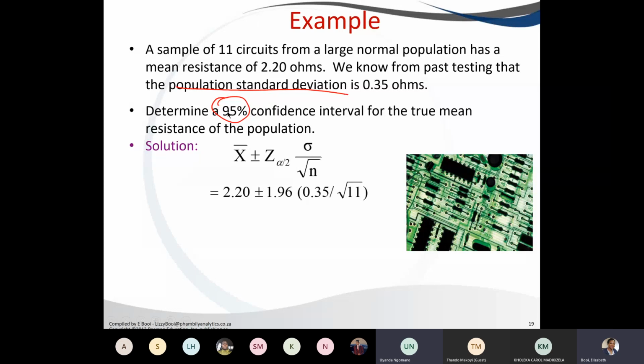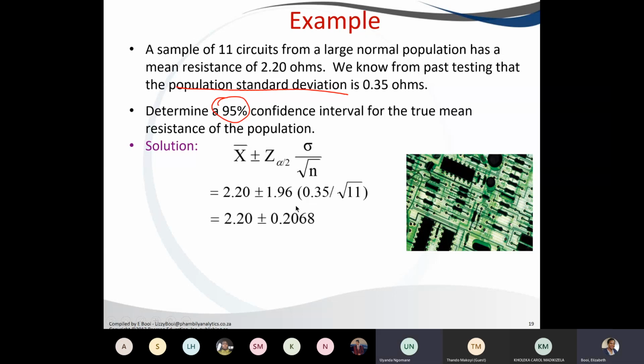We went and found the 95% confidence interval critical value, so I'm not going to show you again how to find that, which is alpha divided by 2. Our alpha is 0.05 divided by 2. You go to the table, it will be 1.96. You substitute the values: our mean resistance from the sample of 11, the critical value 1.96, and the population standard deviation of 0.35 divided by the square root of the sample size, which is 11.